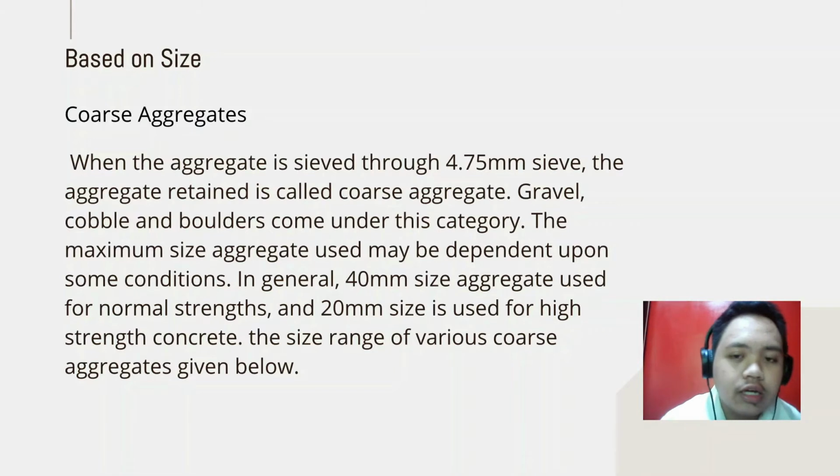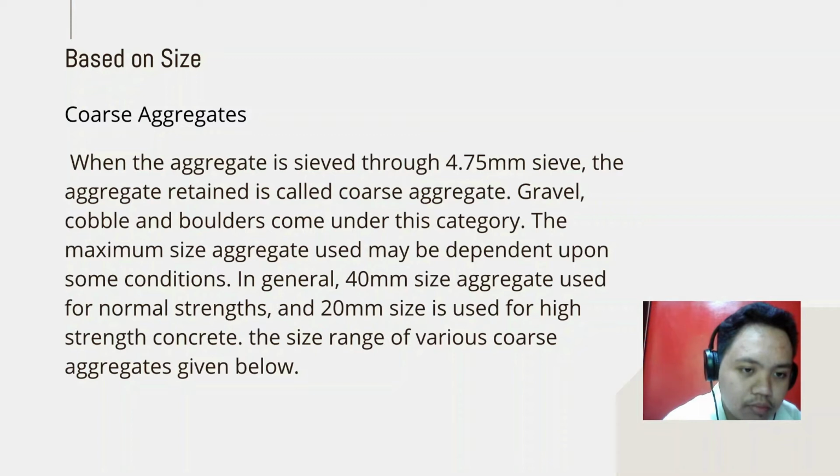The coarse aggregates are the aggregates that remain and do not pass through the sieve. Meaning these aggregates are bigger in size compared to the fine aggregates. Most examples of coarse aggregates are gravel, cobble, and boulders, which fall under this category.